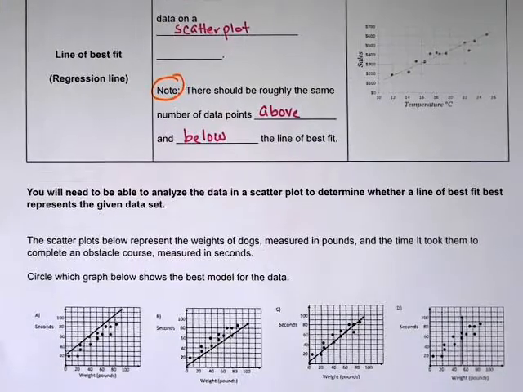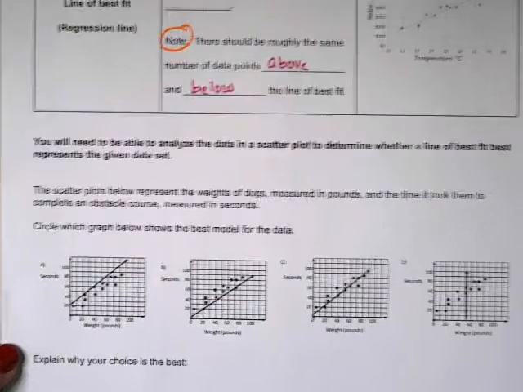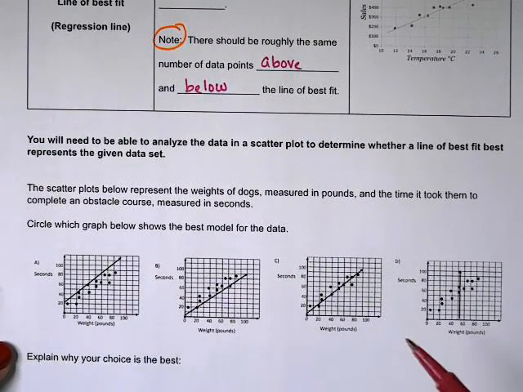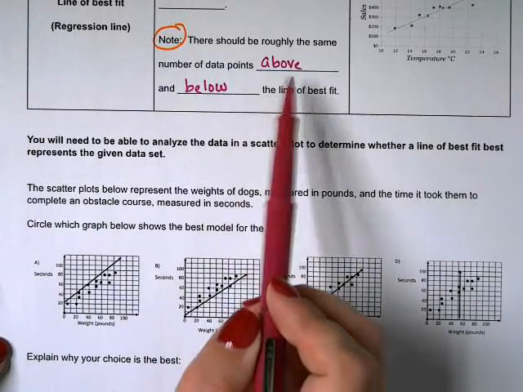So you'll need to be able to analyze the data in a scatter plot to determine whether a line of best fit represents the given data. So here we've got scatter plots representing the weights of dogs measured in pounds and the time it took to complete an obstacle course measured in seconds. We need to figure out which one of these shows the best model. Well, like we set up here, there should be roughly the same number of data points above and below.